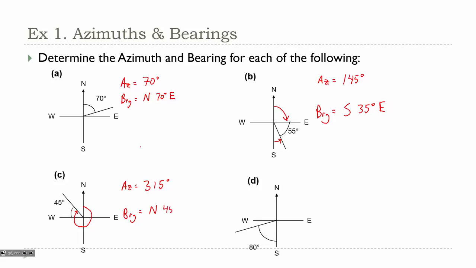North 45 degrees west gives us that angle is 45. Azimuth for D: 260. With this whole angle, 180 plus 80 is 260 degrees. And the bearing? South 80 west.